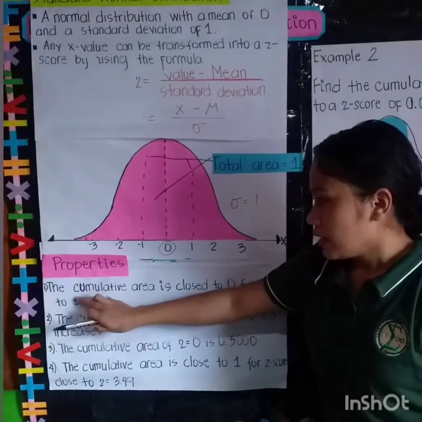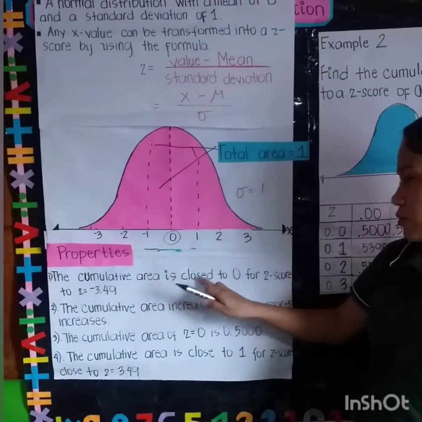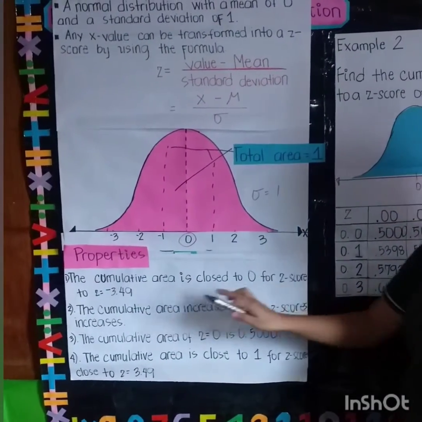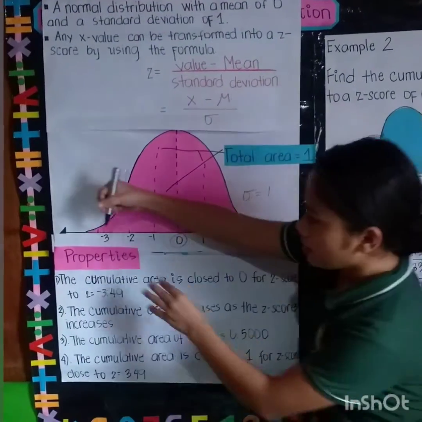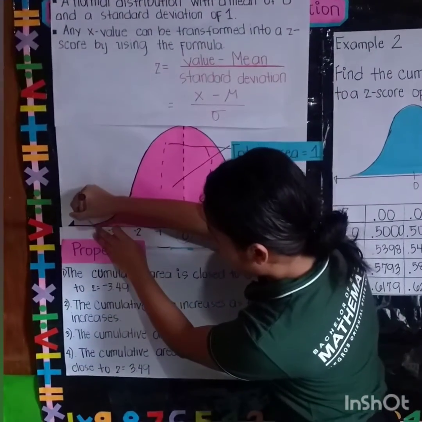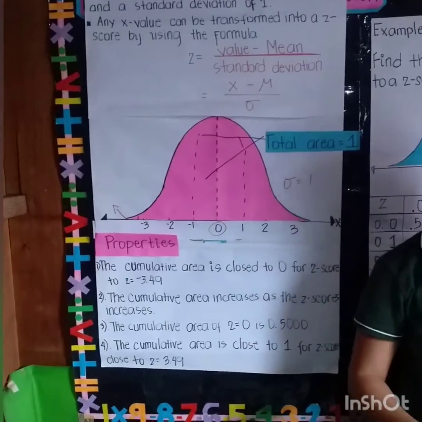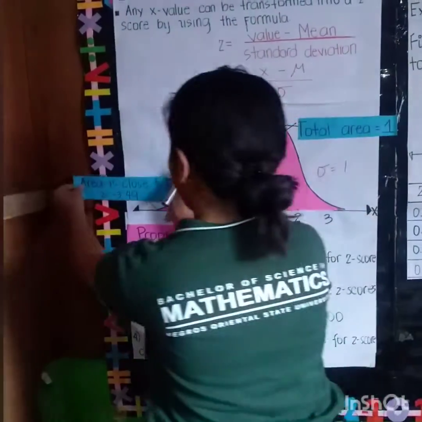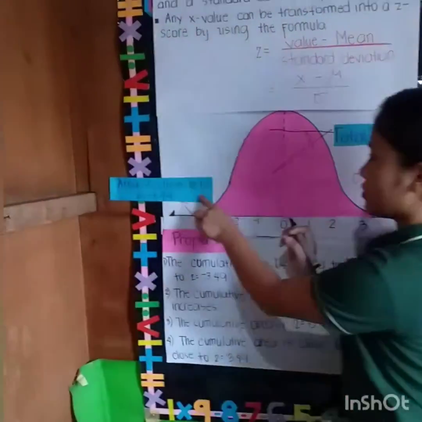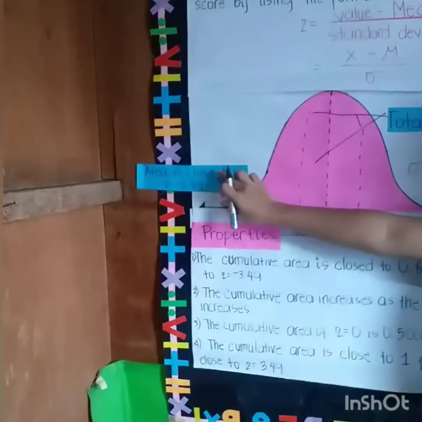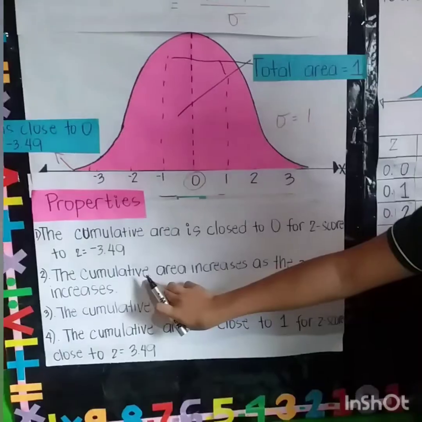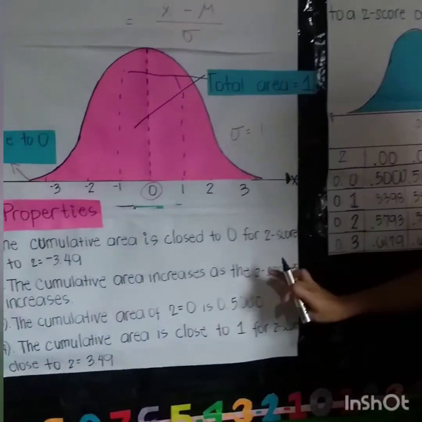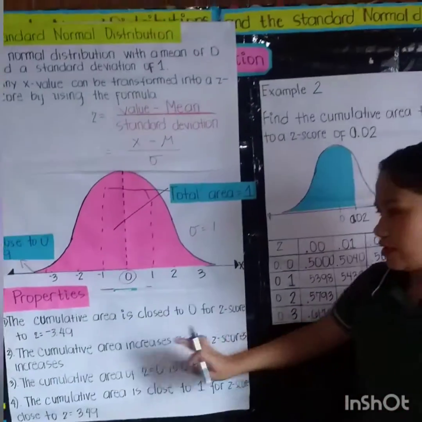We have the properties of our standard normal curve. The cumulative area is close to 0 for z-scores close to z equals negative 3.49. Then, the cumulative area increases as the z-score increases.